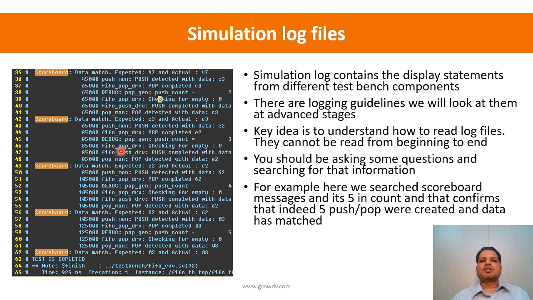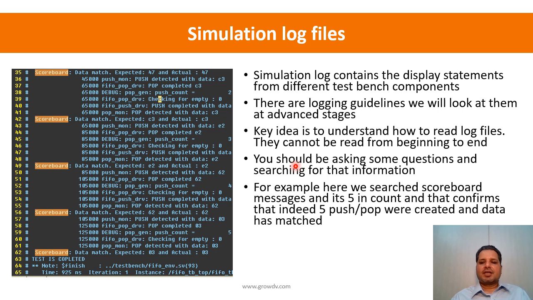And for simplicity, I might just look at the messages that are printed by the scoreboard, and here if I see a scoreboard data match, it is showing me expected and the actual values that it has found. And if I look at the count of them, there are 5, right? And that shows me that 5 of the operations have been generated, and for each of those 5 operations the expected and actual data has matched. So in this case, the test has passed.